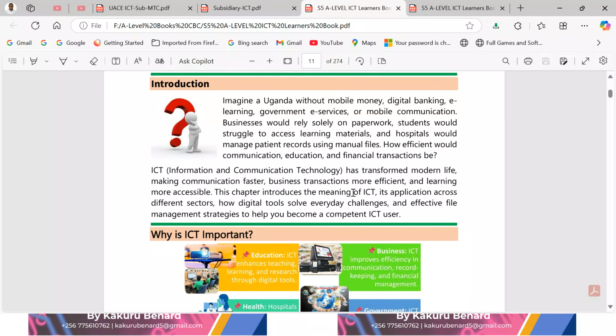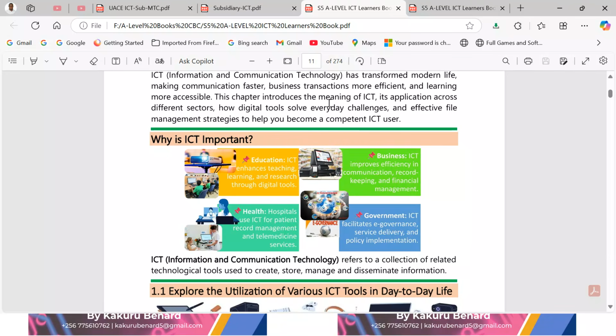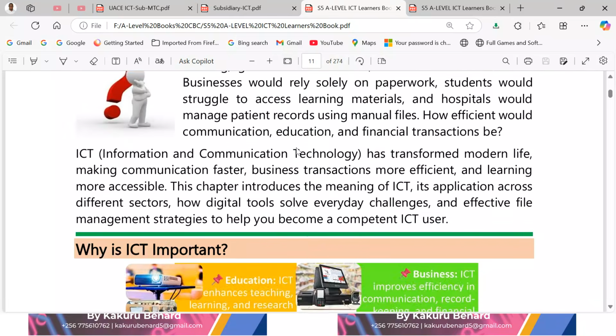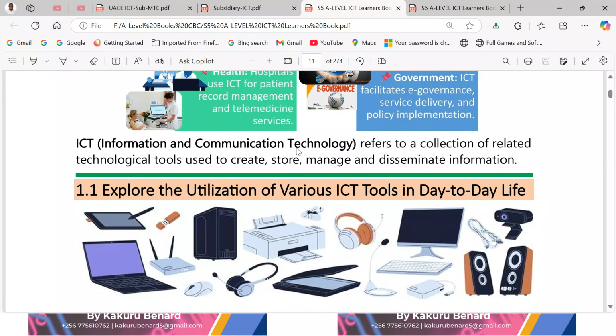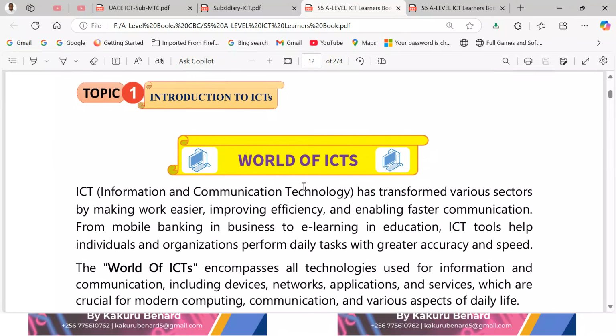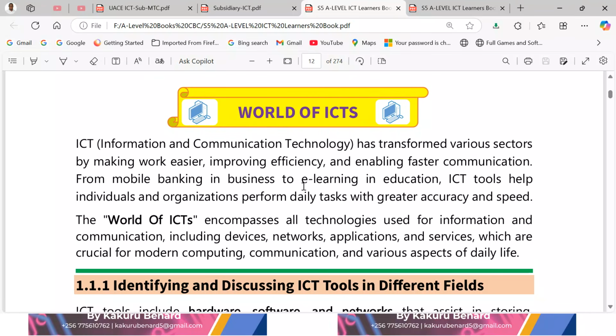We begin with the introduction to explain what ICT is and why ICT is important. Then we proceed to explore various ICT tools, and we begin with the first subtopic, World of ICTs.